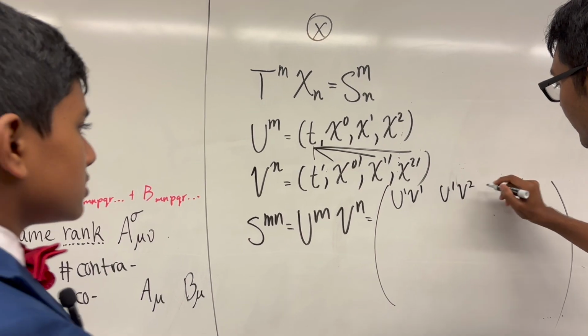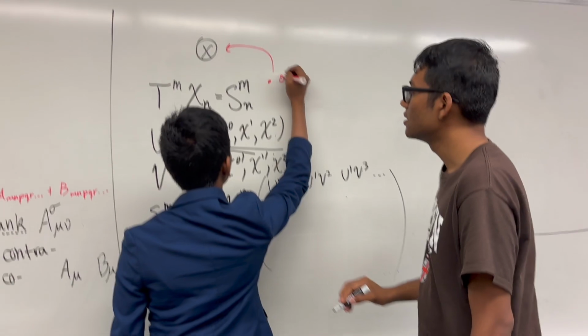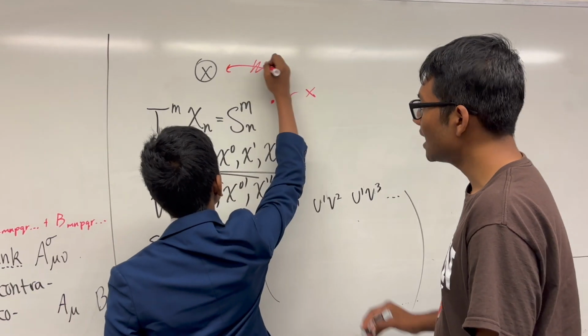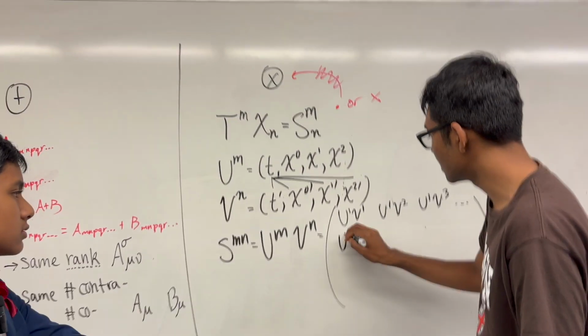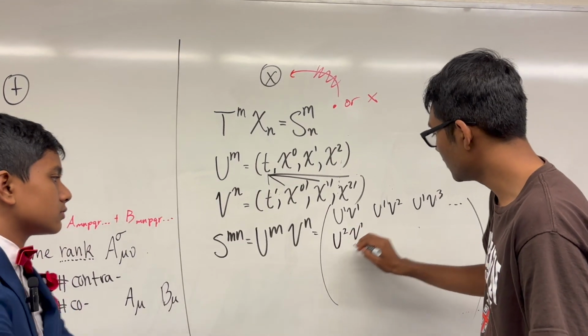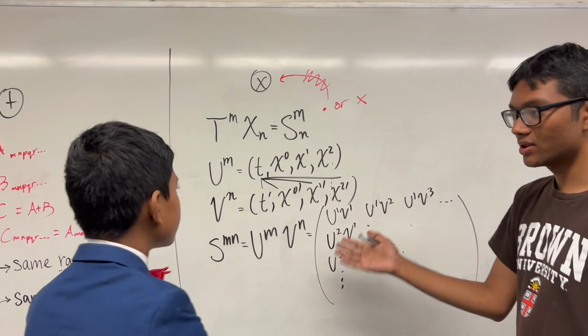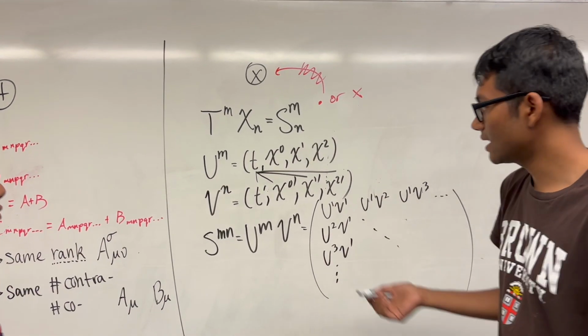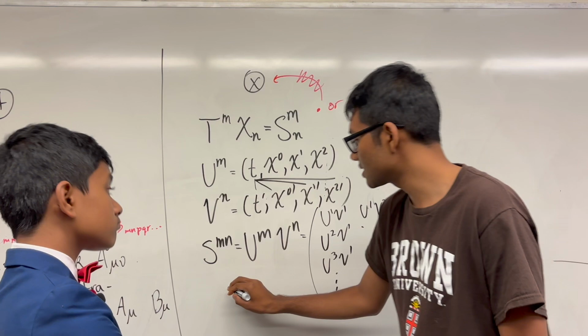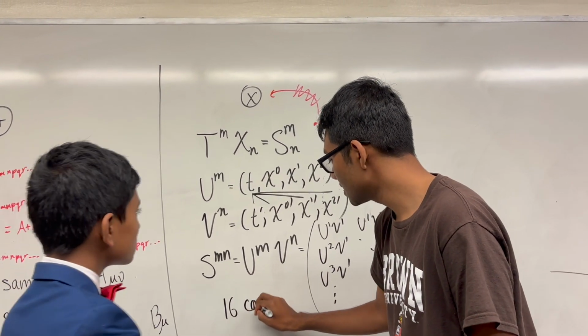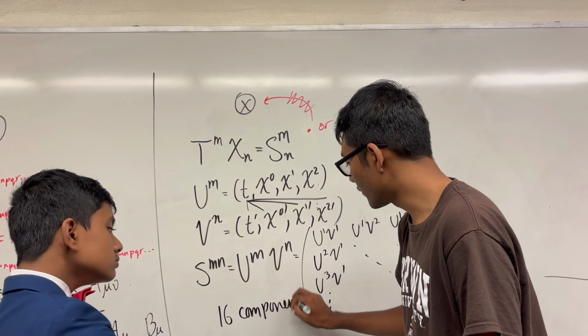That's right. U1 V2, U1 V3. So this is not the dot product or the cross product. So U2 V1, U3 V1, and so on. So that's how you multiply 2 tensors. And that gives you 16 components in this case.